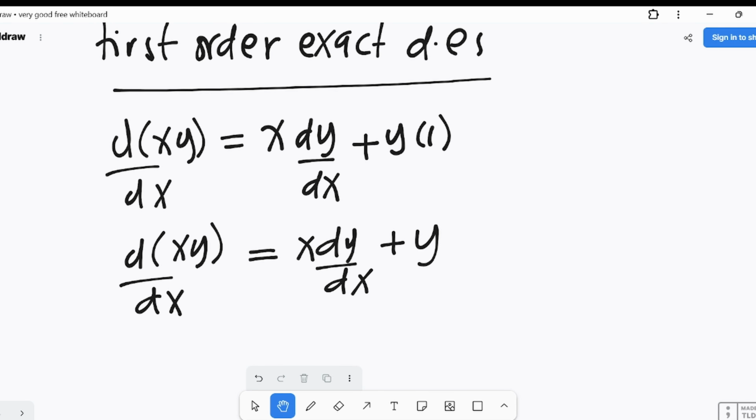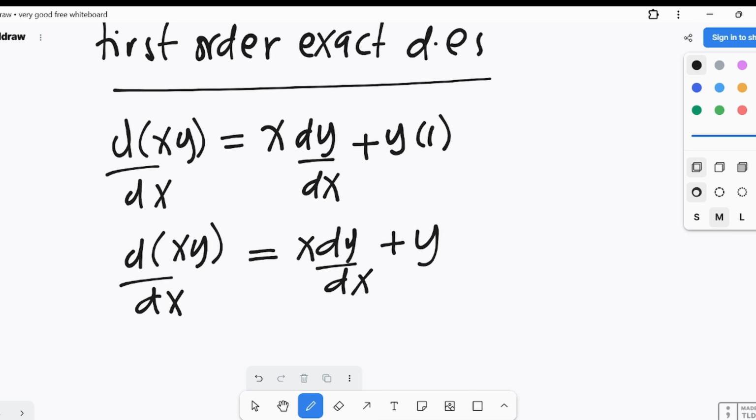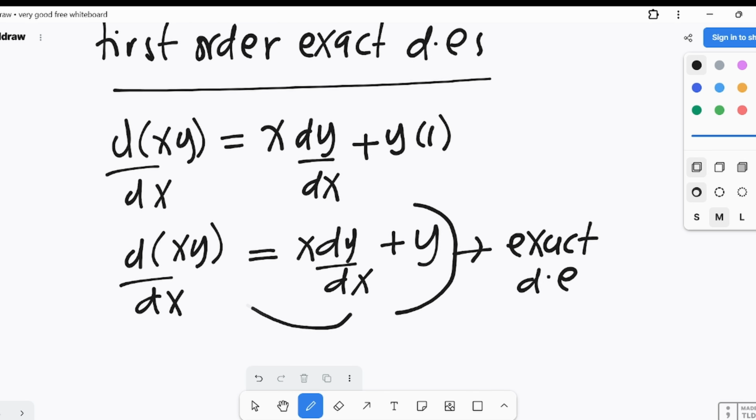Now, in DE, this is where it is interesting. This is called an exact DE. Why exact? Because we can trace where it came from.